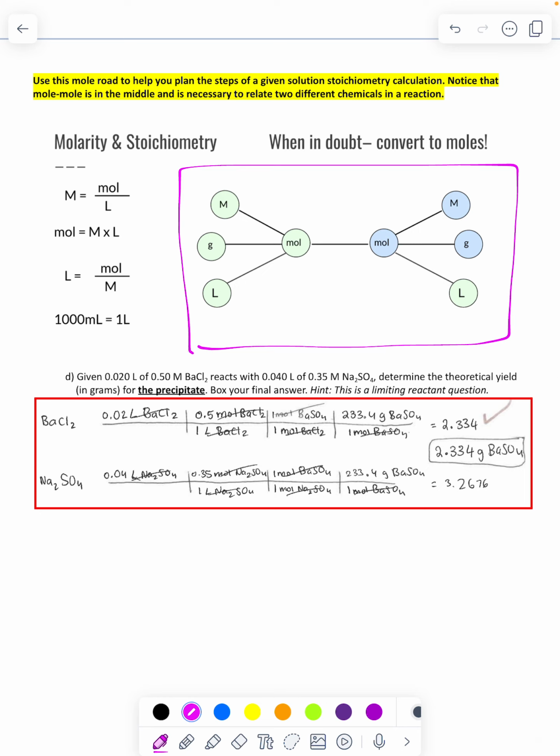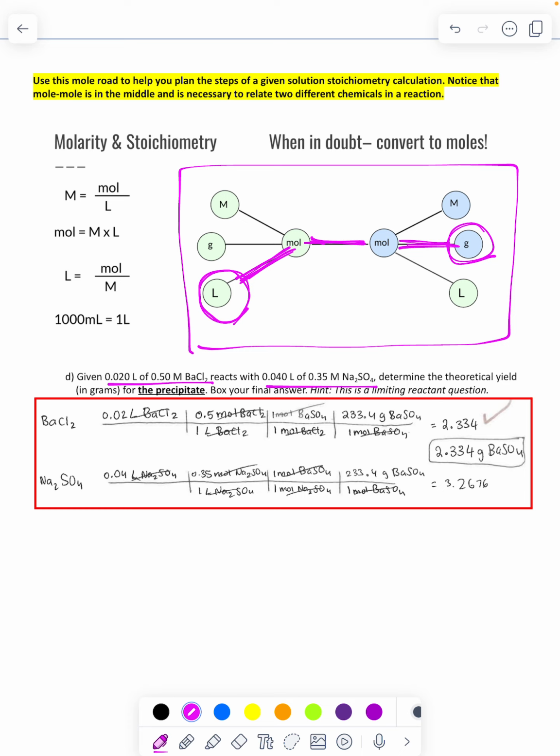I'm starting with liters and molarity of barium chloride, liters and molarity of sodium sulfate, so basically I am here for both problems, and I'm trying to end up with grams. My first step will be to convert from liters to moles using that molarity as a conversion factor, mole to mole using my mole ratio, and then moles to grams using molar mass.